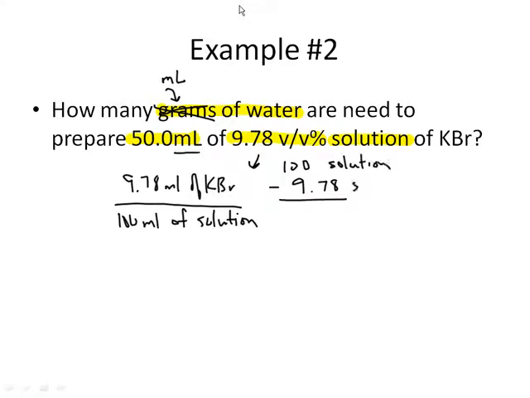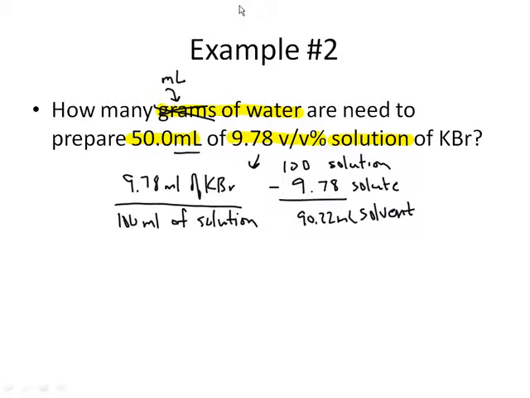If I subtract the solute, then I should be looking at the solvent. So 100 minus 9.78 gives me 90.22 milliliters of water. So that's 90.22 milliliters of water per 9.78 milliliters of solute, or per 100 milliliters of solution.